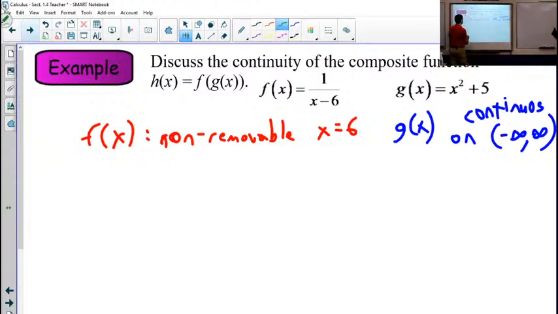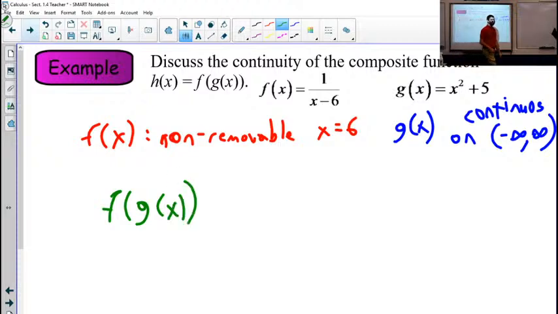So get your guesses in now for f of g of x. Before we do it, I'll give you 30 seconds to think about how many places you think the function will not be continuous, and where it is going to end up being. Is f of g of x going to be continuous at 6?